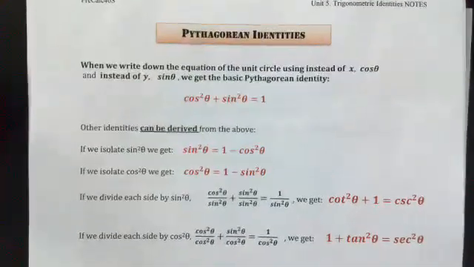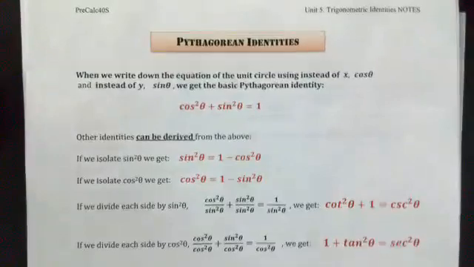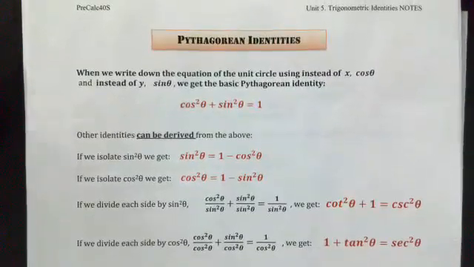Pythagorean identities, our last one. We start with a very basic Pythagorean identity that stems from the equation of the unit circle. On the unit circle, all of those central angles and those triangles that are forming inside the unit circle are right angle triangles with an x and a y for the arms of the right angle, and the r being the hypotenuse of the right angle triangle.